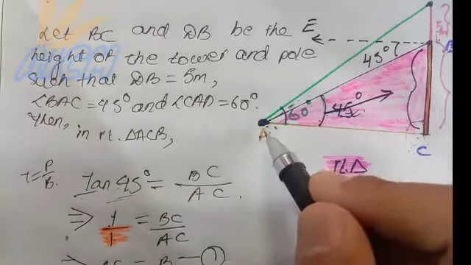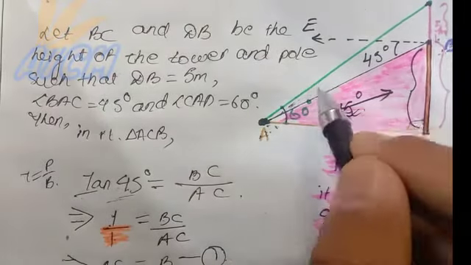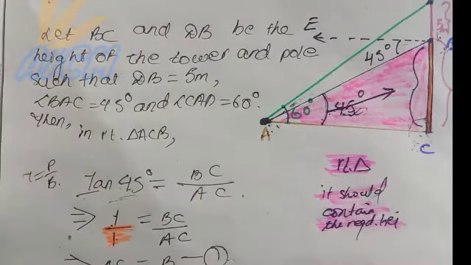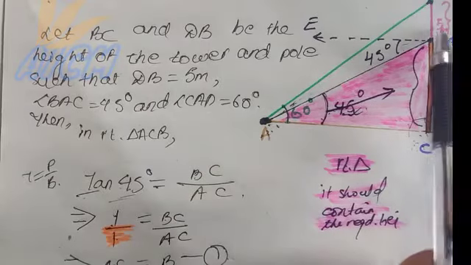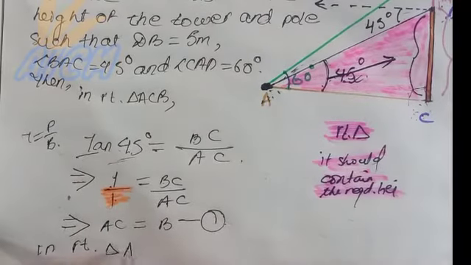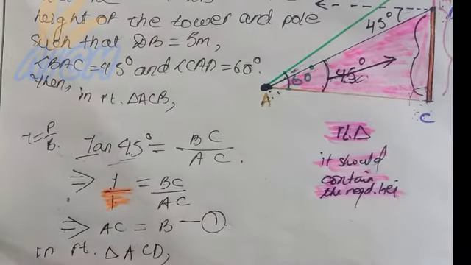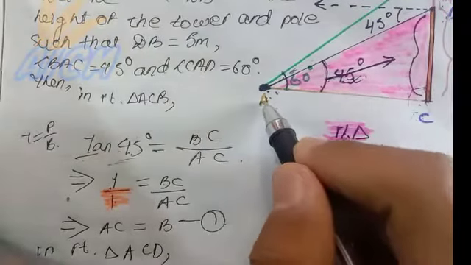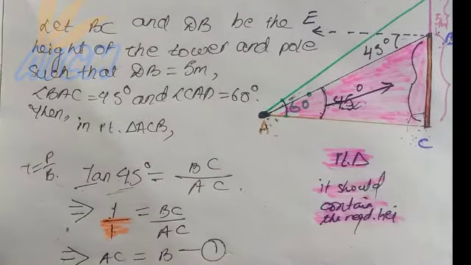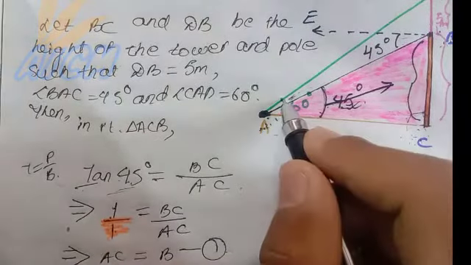Triangle ABD is not a right triangle, so we cannot take it. The only triangle left is this big triangle ACD, the whole triangle. So we are going to take this right triangle ACD into consideration. In this right triangle ACD, the angle we have other than 90 degrees is 60 degrees.